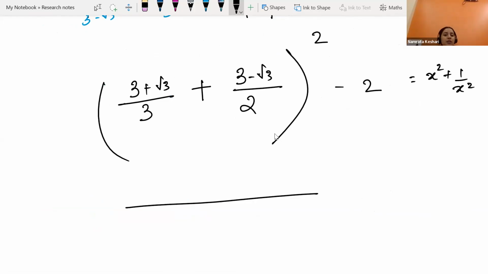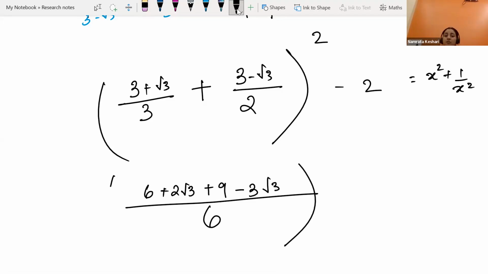So 3 2 times LCM will be 6 over here. We will be having 6 plus 2 root 3. Are you getting it? We are multiplying 2 over here. And on the other part, we'll be multiplying 3. So it will become 9 minus 3 root 3. That's the square we are having, and minus 2 we are having.